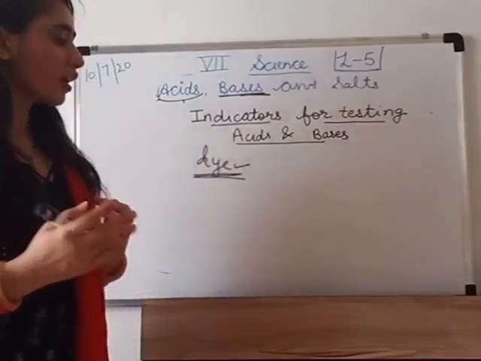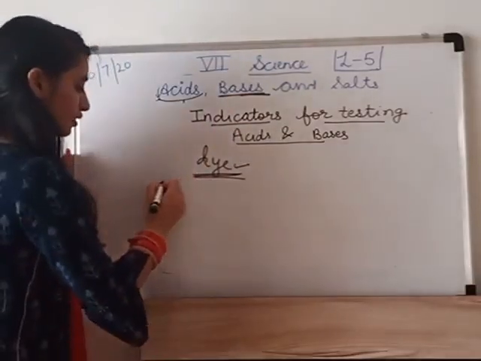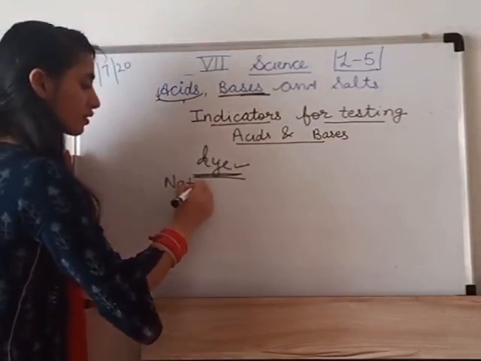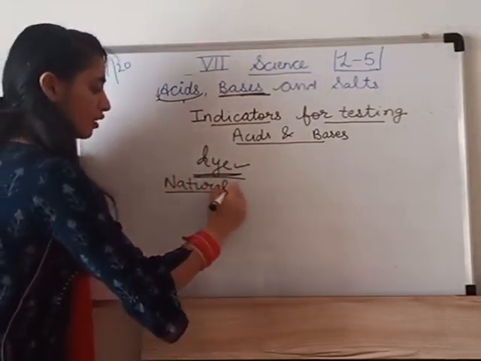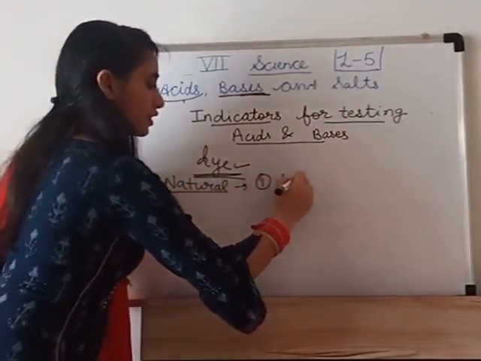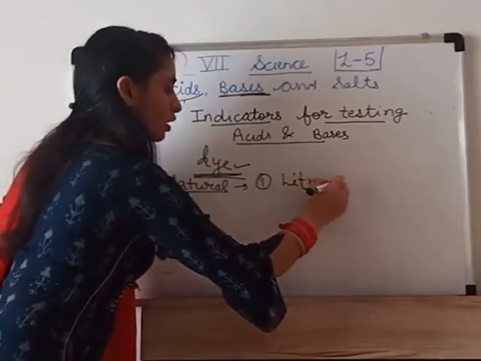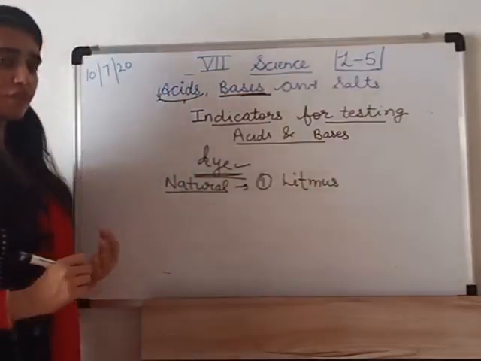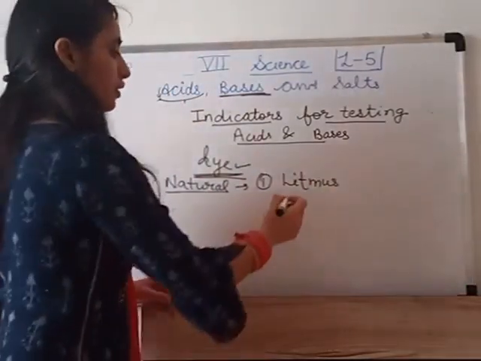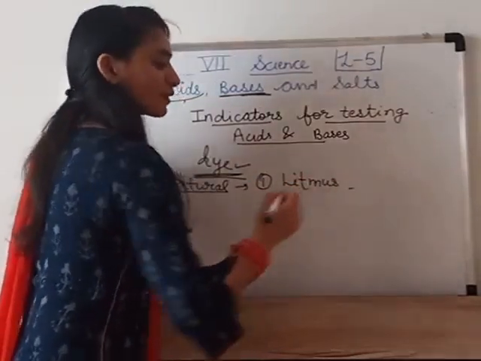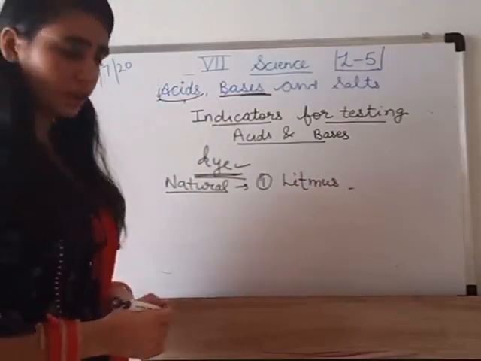Now some basic natural indicators are, first, litmus paper or litmus solution. We can use litmus paper or litmus solution as an indicator.